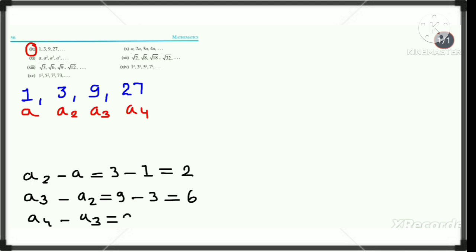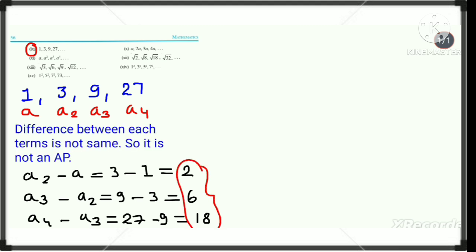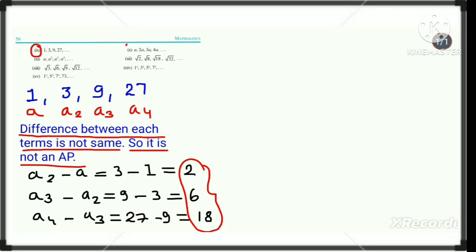A4 is 27 minus A3 which is 9. 27 minus 9 will be 18. And here we came to know the difference between each term is not the same. So we can write here the difference between each term is not the same, so it is not an AP.